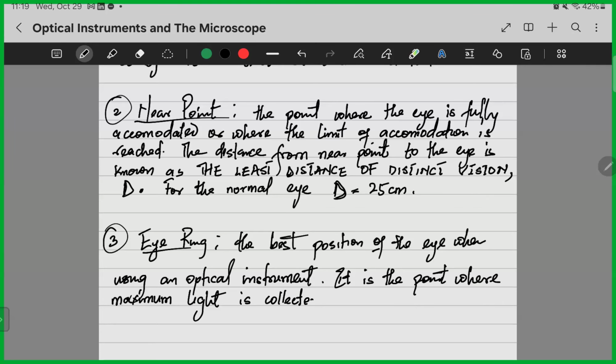It's not an SI unit, but that's another unit for power, magnifying power to be precise, for lens. Then focal length is measured in meters.